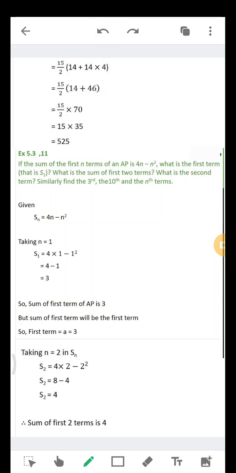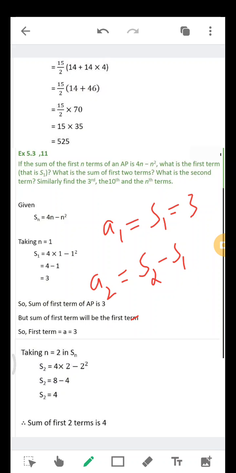Now there are two methods of finding the series. First, you can write a1 is equal to s1, that is equal to 3. a2 you can easily find by doing s2 minus s1, that is 4 minus 3, which is equal to 1. This is your a1 and a2.